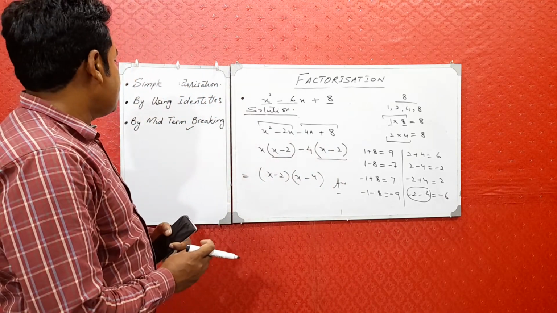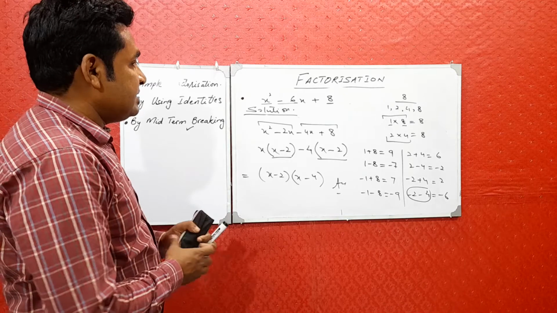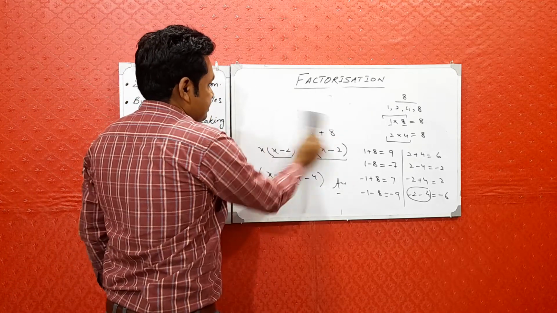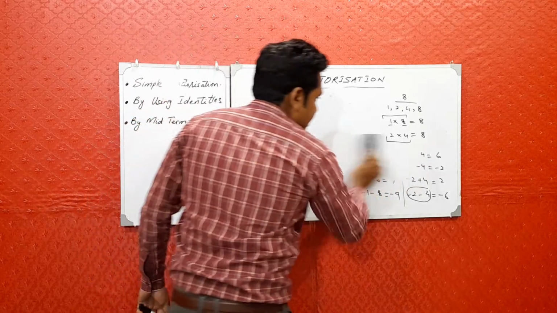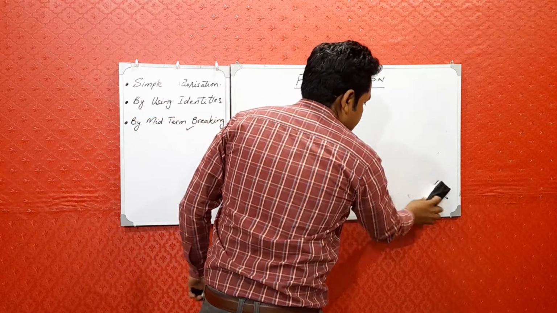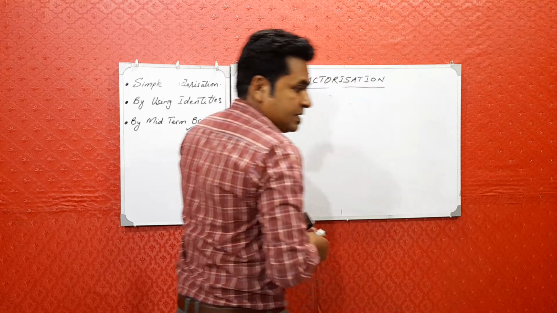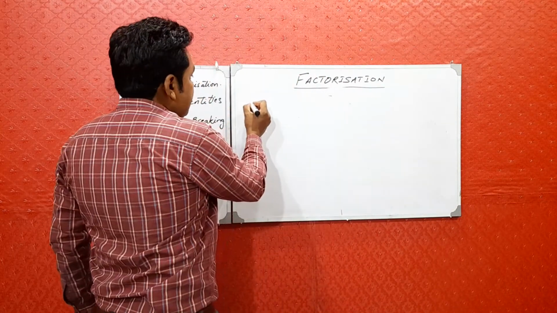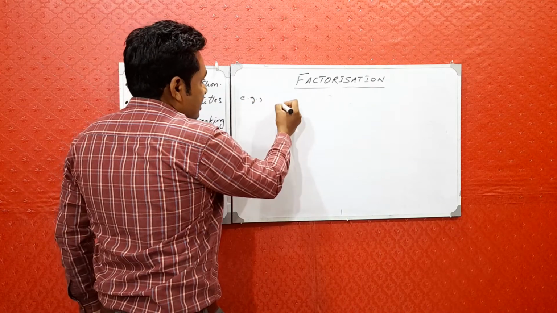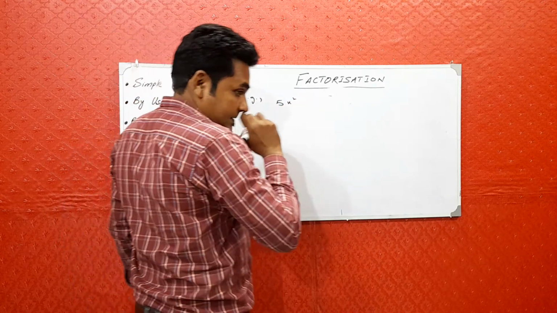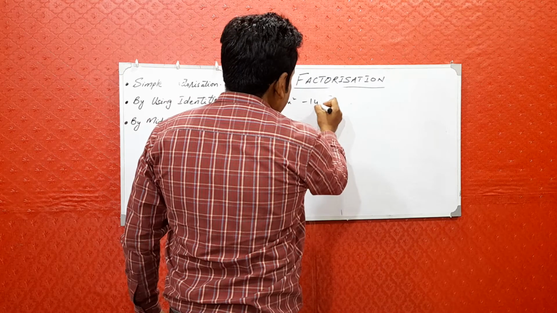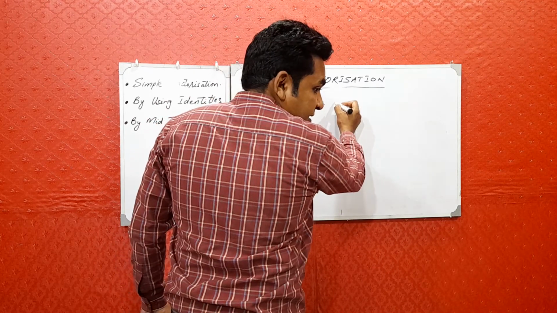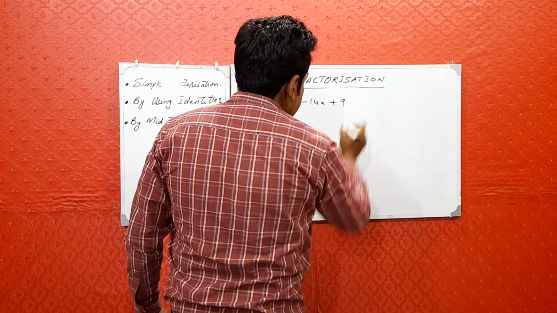To explain midterm breaking, let's consider another example. Suppose we have 5x squared minus 14x plus 9.